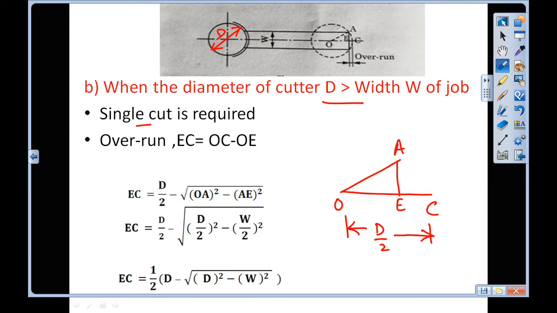And OA we already know, and AE is W by 2. So put the values and calculate the value of EC as 1 by 2 D minus square root of BD minus W. So this you have to remember if you have understood it.